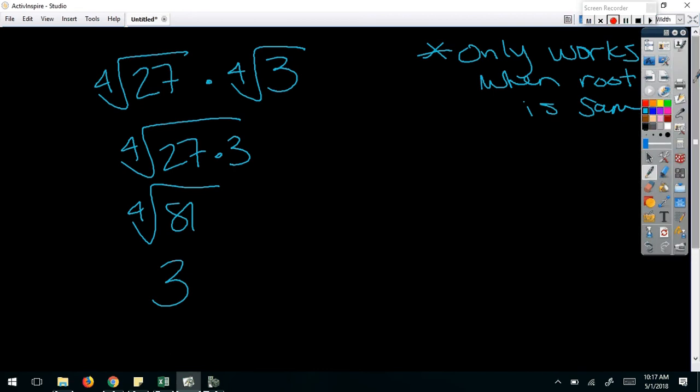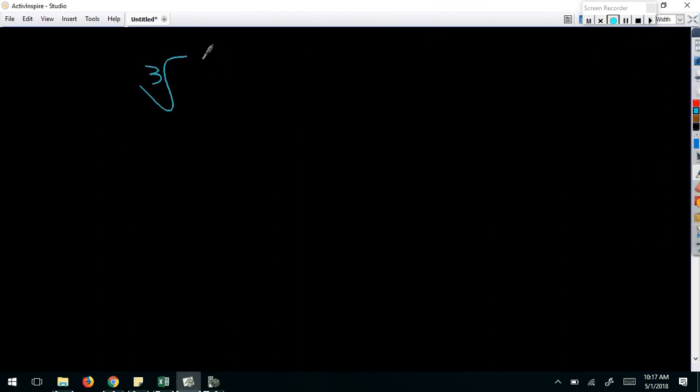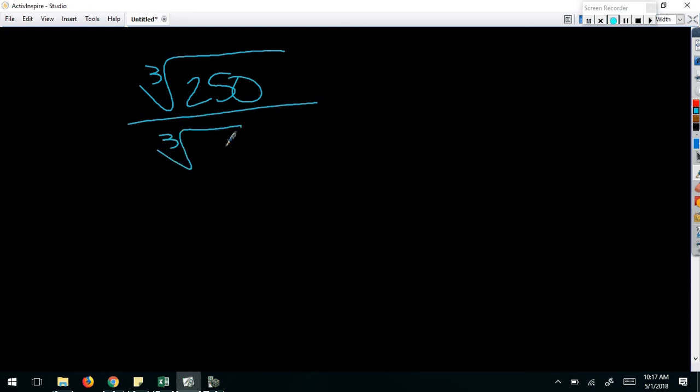What if, instead of multiplying, I'm dividing? Then you would divide the 250 under that same radical. So 250 divided by 2 is 125.